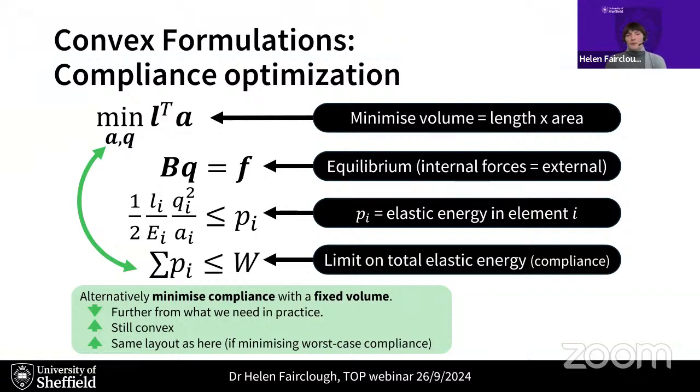The reason I'm not so keen on that is it doesn't match what happens in certainly civil and structural design in practice, where we usually know a displacement, or something similar to a stiffness that we can have, and we want to know how little material we can do that with. But you can swap around, as shown here, the objective and that constraint. It's still a convex problem, and you get the same layouts if you're doing the worst case compliance. So that is also totally valid.